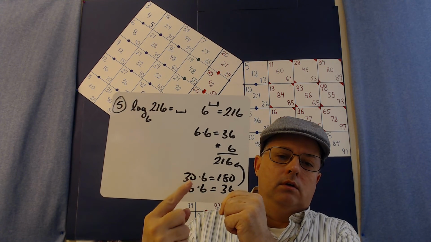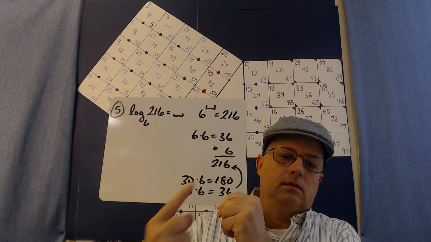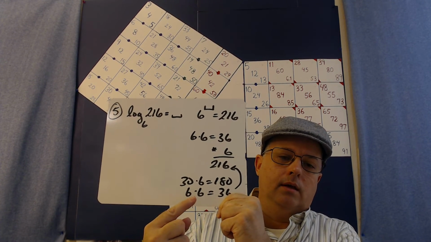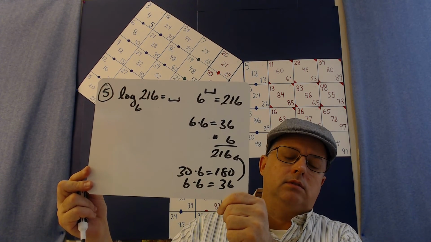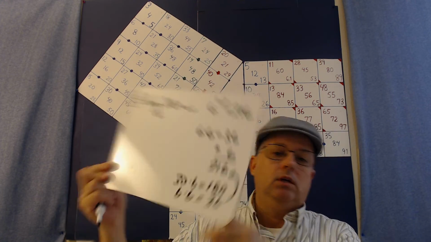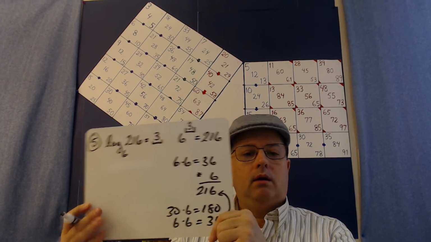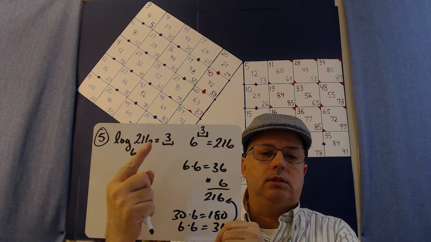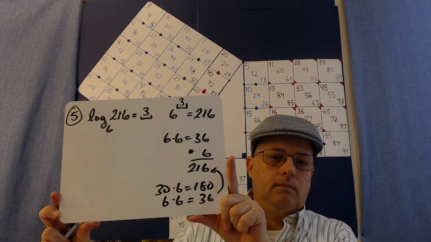Because if you have 30 times 6 is 180, and then 6 more 6s gives you 36, and 180 plus 36 is 216. So it looks like we need 1, 2, 3 6s. Okay. What power of 6 is 216? The third power of 6 is 216.